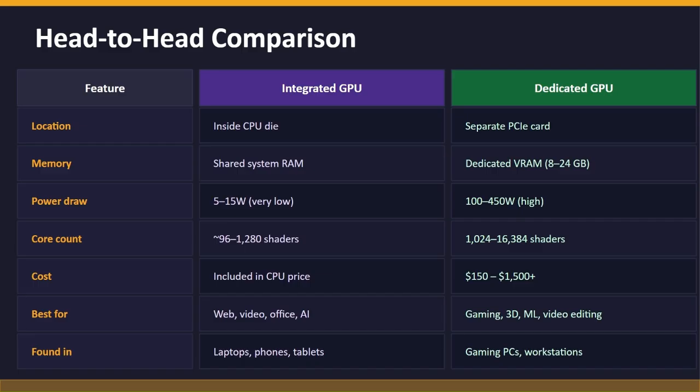So this is the comparison between the integrated GPU and the dedicated. We can say that for location, the integrated lives inside the CPU, and the dedicated has its own card, a different unit.